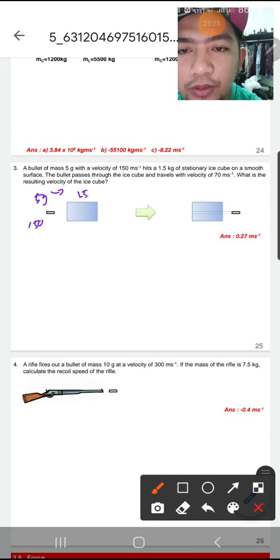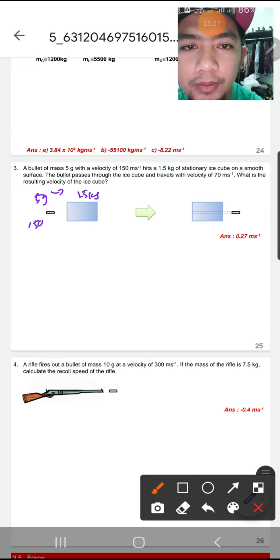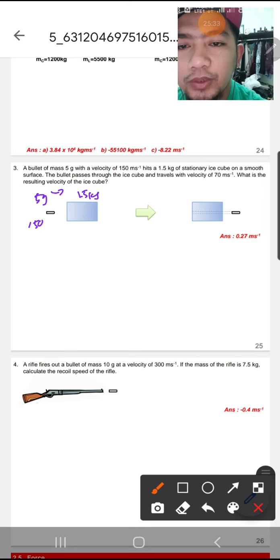So this ice cube is 1.5 kilogram on a smooth surface. Actually this is the first situation. The ice cube is stationary. So this is the initial velocity of the bullet. This is the initial velocity of the ice cube, u. So 0.